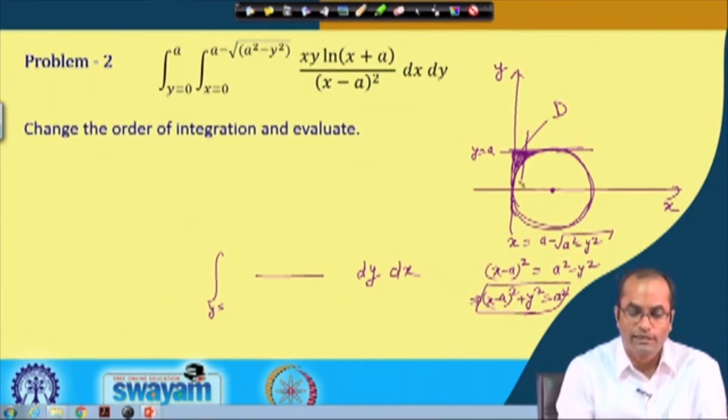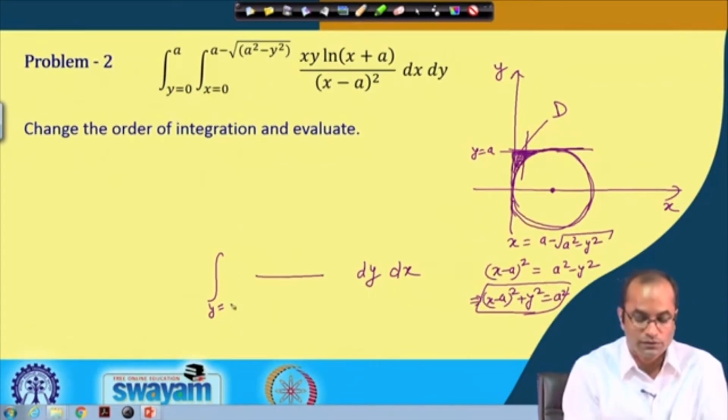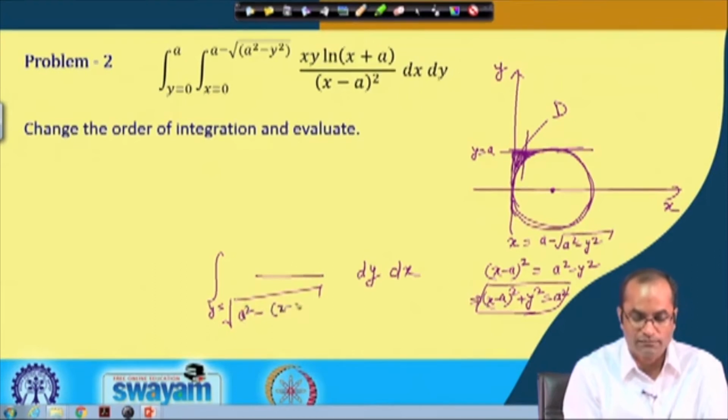So, for y, it is now entering through the circle at any point here to cover the whole domain. So, what is the equation here? That will be y equal to a square minus x minus a whole square, that is the lower limit of y, and it exits from y equal to a. So, this is y equal to a, the upper point.